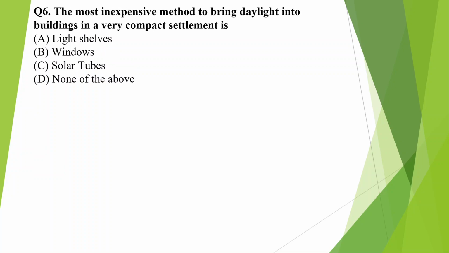Question number 6. I hope this will also not take much of your time. The sixth question asks the most inexpensive method to bring daylight into buildings in a very compact settlement. Remember the terminology: I told you in a compact settlement, where there is less ceiling space, which kind of daylight systems are preferred?